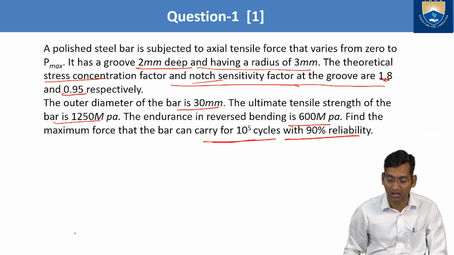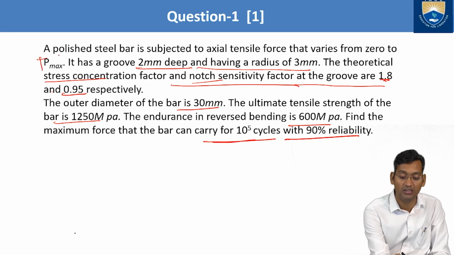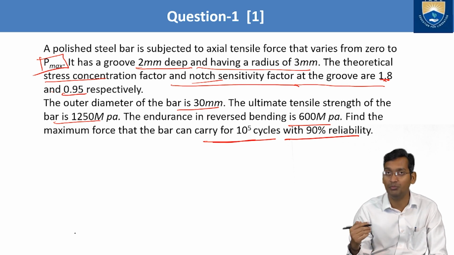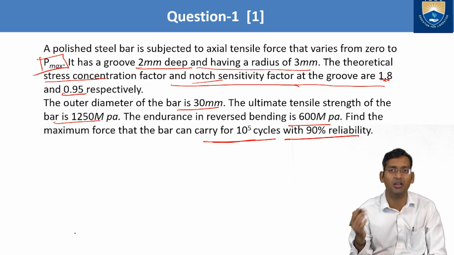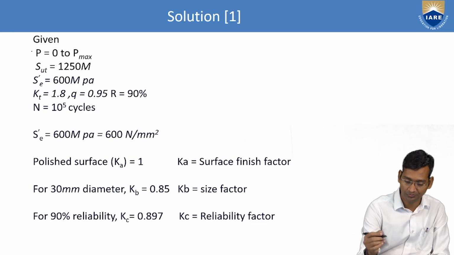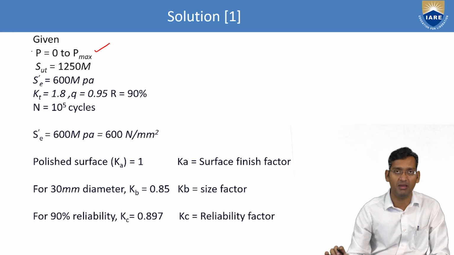Now what we have to find this time is the maximum force. Earlier the force was given and we found the diameter. This time we have to find P max and the diameter is given. In a similar way we can find it for this also. So P is varying from 0 to P max.